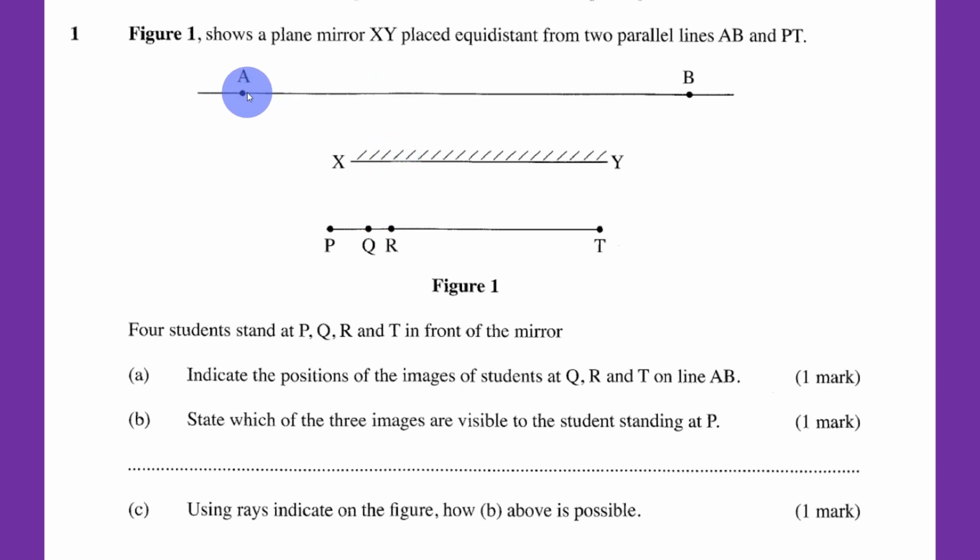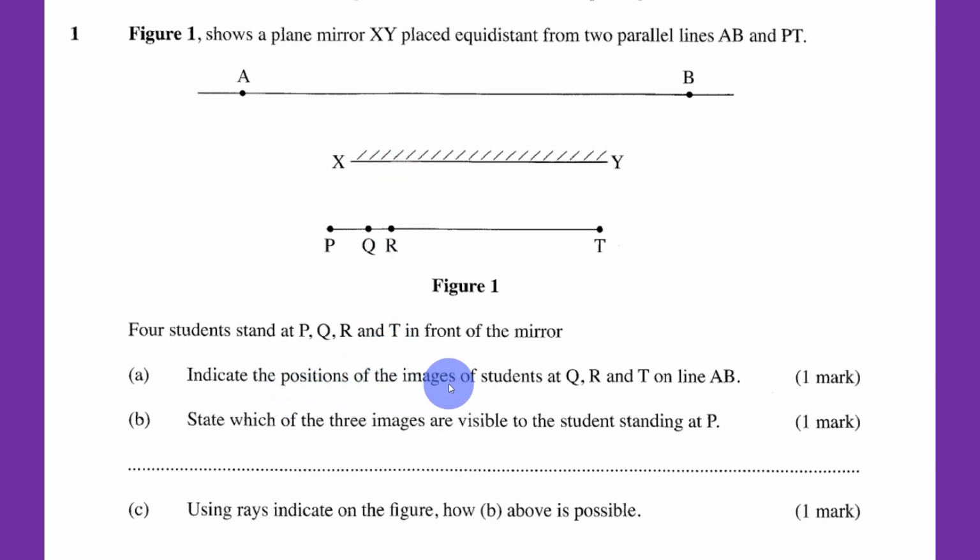And you see they have already given us this line here so that we can know that the images of these students P, Q, R, and T will be picked up along this line. And the line which joins the image to the object makes 90 degrees with the mirror. These are some of the factors that you need to consider when you're answering this type of question.